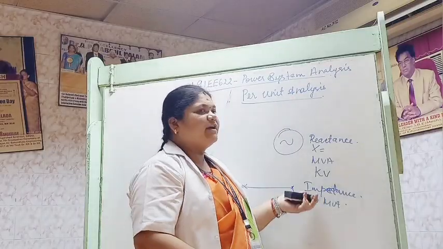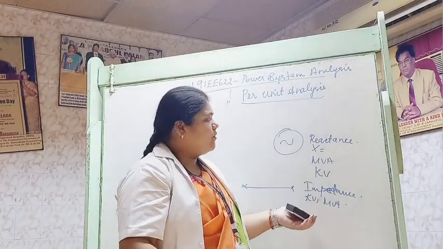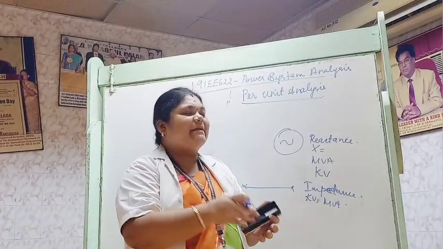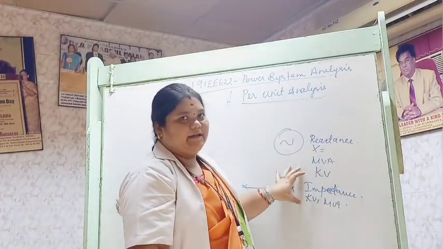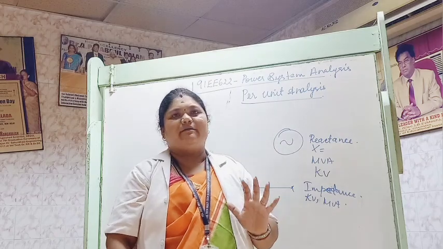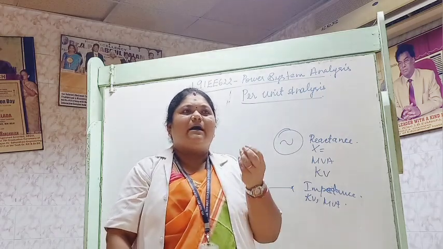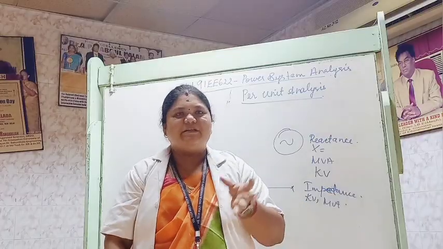So here, each and every component has different parameters, so we are taking a common parameter, per unit. Each and every component will be converted into per unit. It is like length is measured in meters and weight is measured in grams.